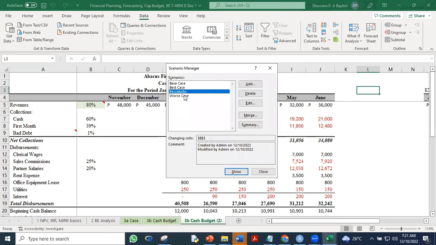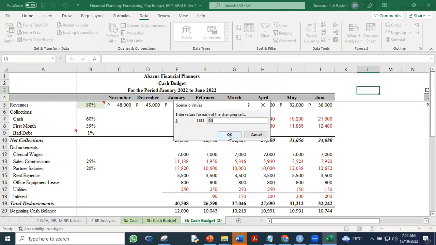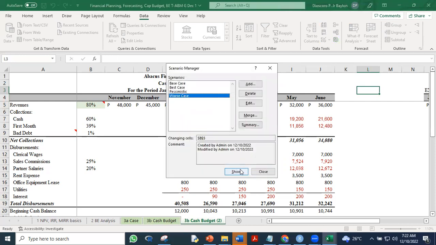And the worst case, edit, B5 also, worst case is 80%. So what will happen is that Excel will replace all of this by either 100%, 110%, 90%, and 80%. So let's now create a summary.